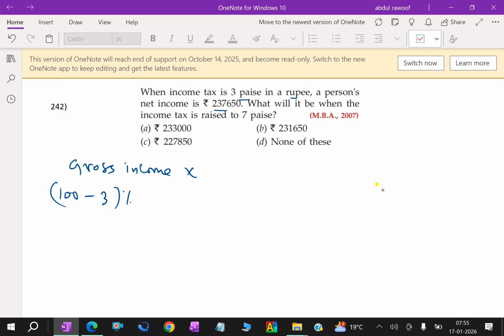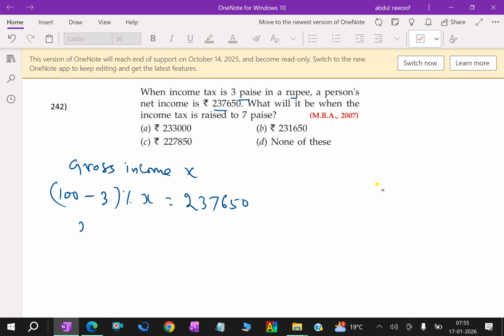That is 97% of x is equal to what he is left with, 237650.